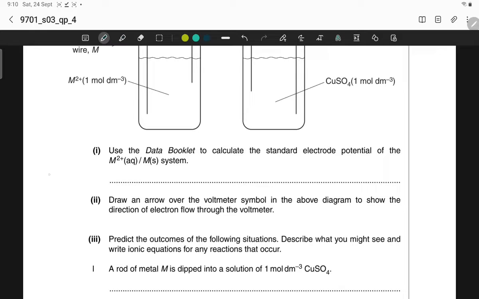So this is the formula to calculate E cell. From the data booklet, you know that E cell equals E of the right side minus E of the left side.